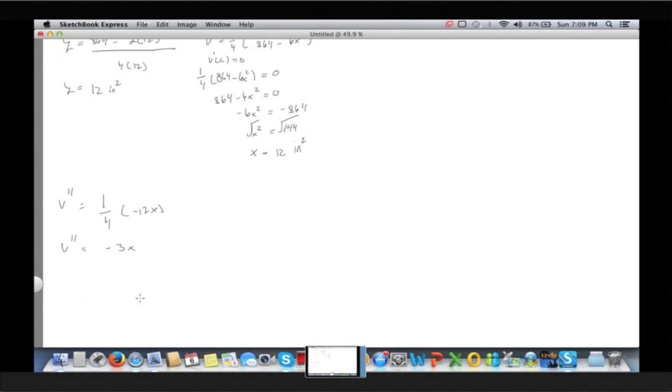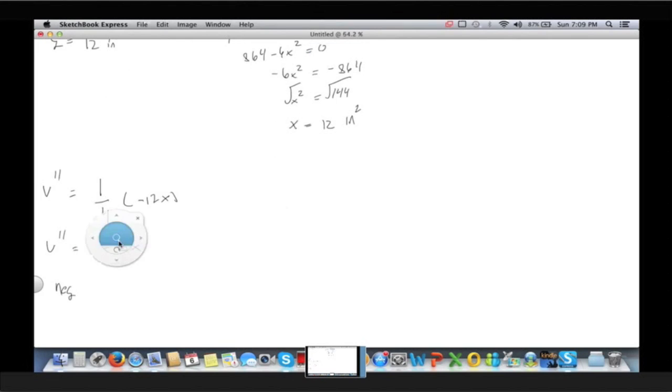V double prime would be negative. So all we have to do now is write that that is negative for all x's in the domain. And that proves that that's a maximum.